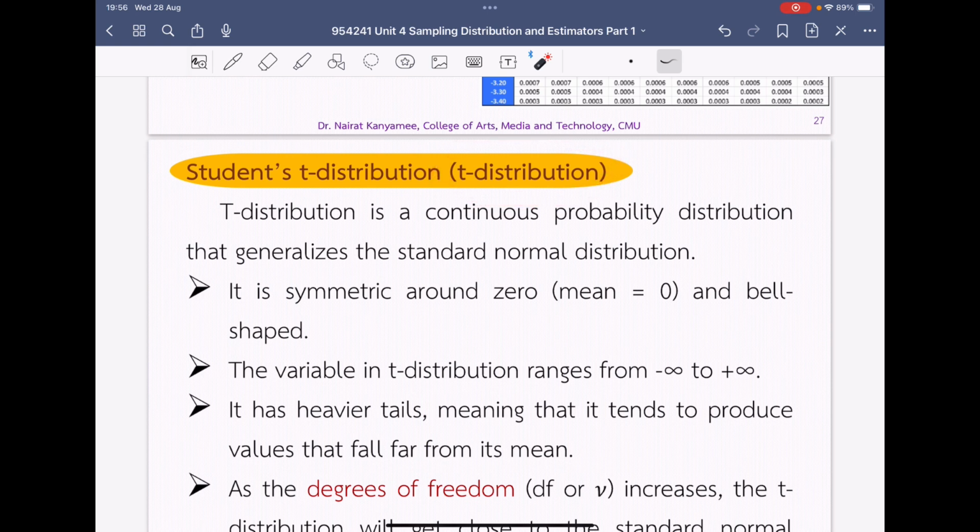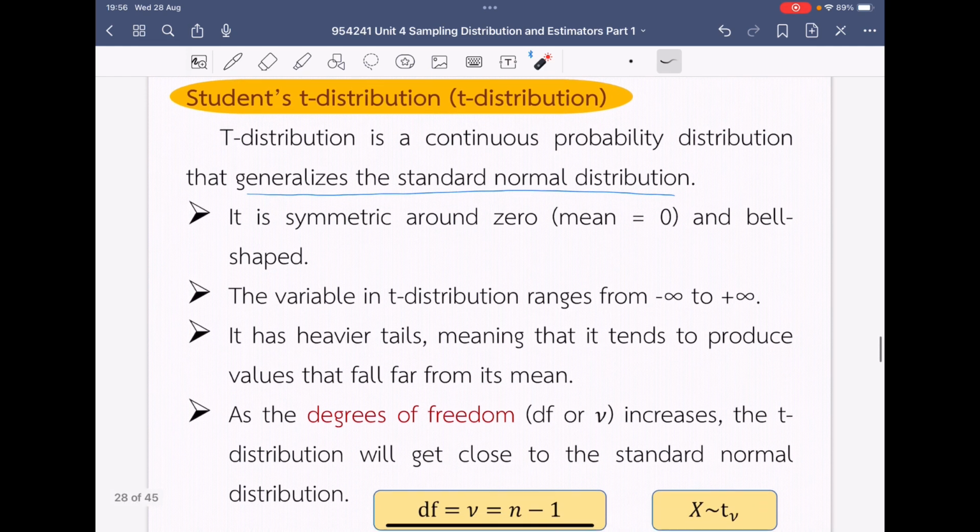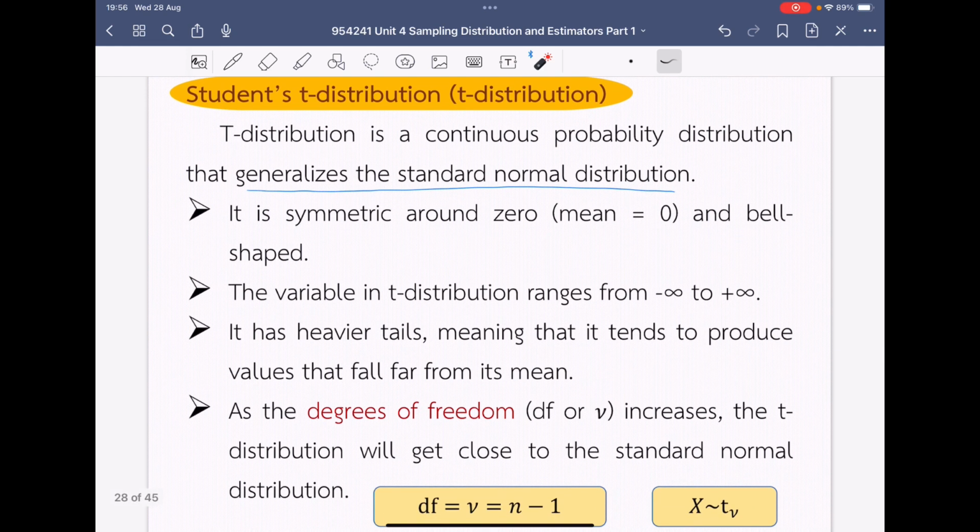What is it? A t distribution is a continuous probability distribution. Actually, it is a generalization of the standard normal distribution, and it has similar properties to the standard normal distribution.